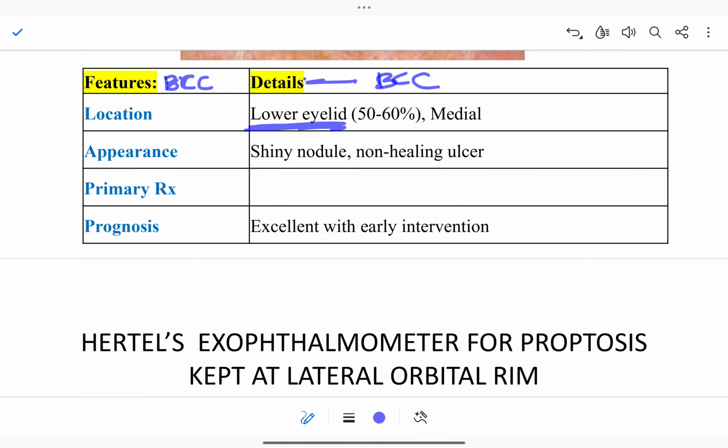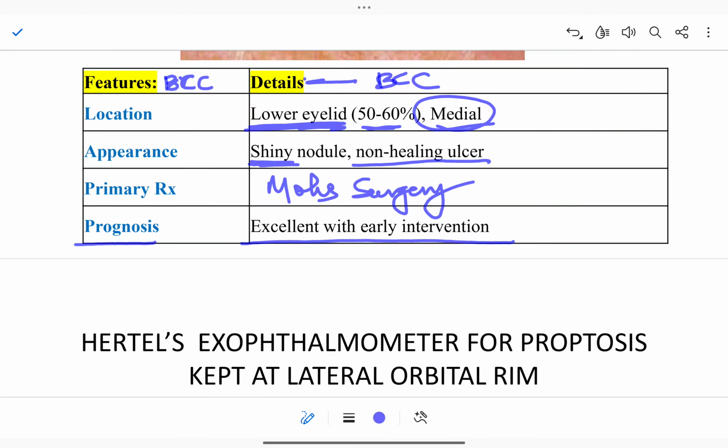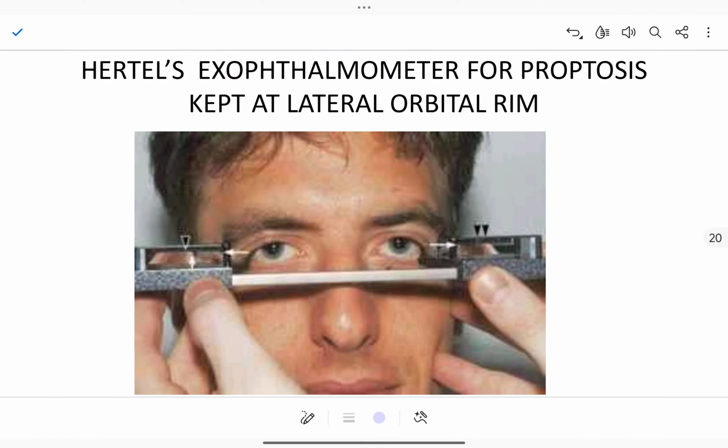BCC is generally in the lower eyelid, 50 to 60% of cases, and the location is medial. Appearance: shiny nodules, crusty and shiny nodules, non-healing ulcer. Primary treatment: Mohs surgery. Prognosis is excellent with early intervention.